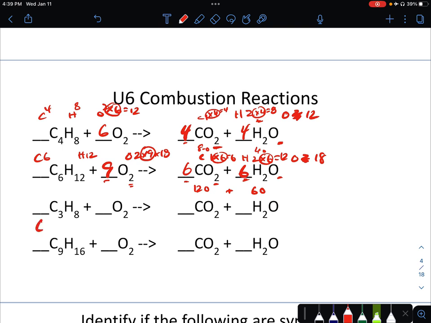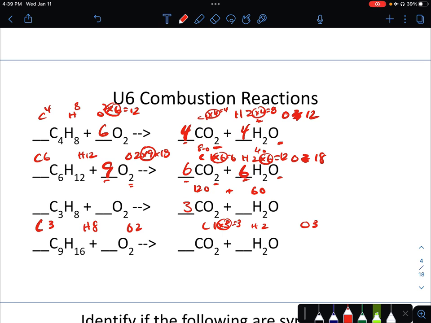C3, so 3 C's, H is 8, O is 2, C is 1, H is 2, O is 3. Times 3 there gives me 3, so put that in front of that one. Don't care about the oxygens.